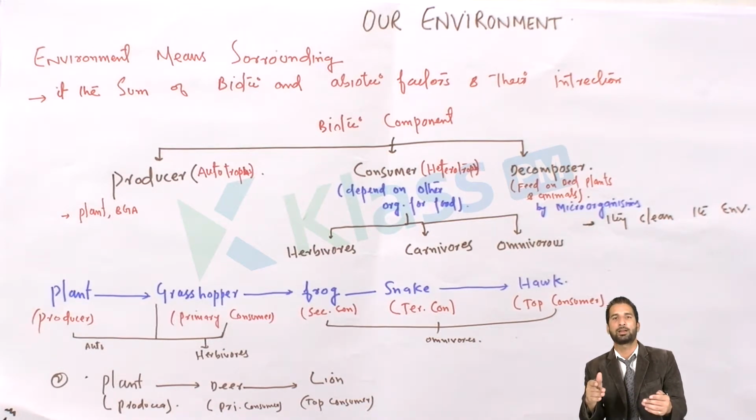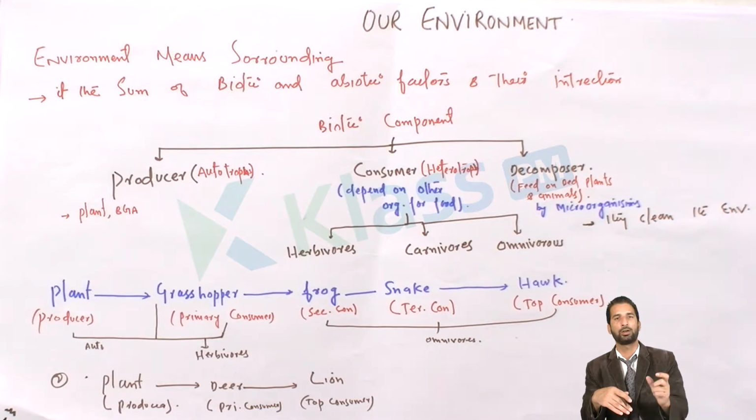In the second phase of photosynthesis, these ATP and NADPH, which acts as a reducing agent, are utilized to fix carbon dioxide to form the carbohydrate molecule, glucose. I have already explained the process of photosynthesis in my previous videos.